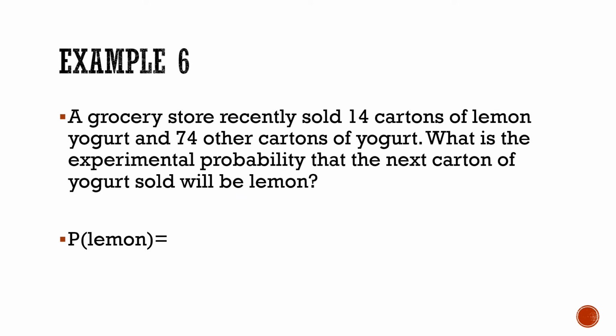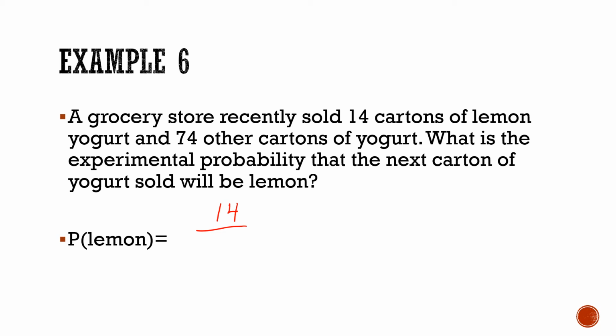A grocery store recently sold 14 cartons of lemon yogurt and 74 other cartons of yogurt. What is the experimental probability that the next carton of yogurt sold will be lemon? So we can see that they sold 14 cartons of lemon, and they sold 74 other cartons.